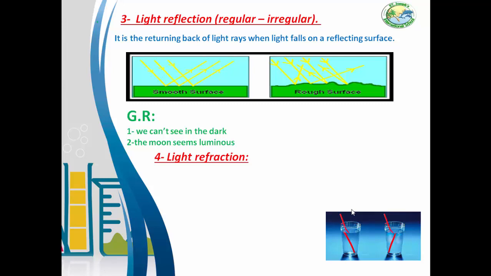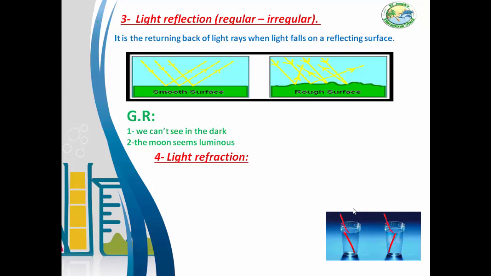What do you think the two media are? The two media are air and water. When light travels from water to air, it changes its direction, due to the change in its speed.